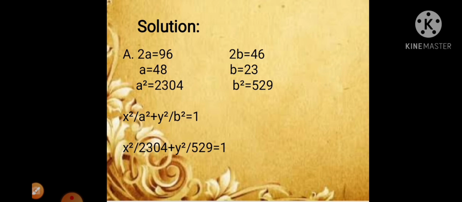Solving for b, we have 2b equals 46, so dividing both sides by 2, b equals 23, which is 23 squared, so b squared equals 529. Therefore, the equation of the ellipse is x squared over 2,304 plus y squared over 529 equals 1.